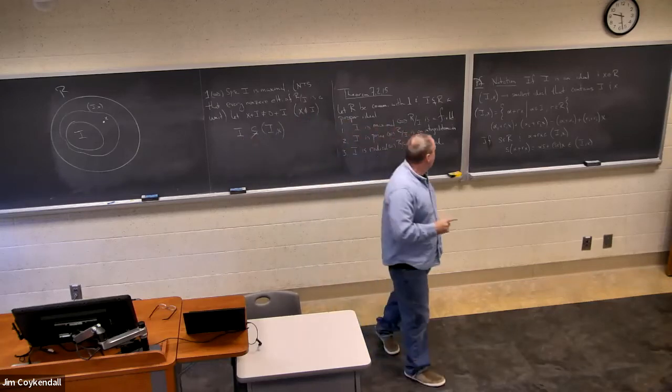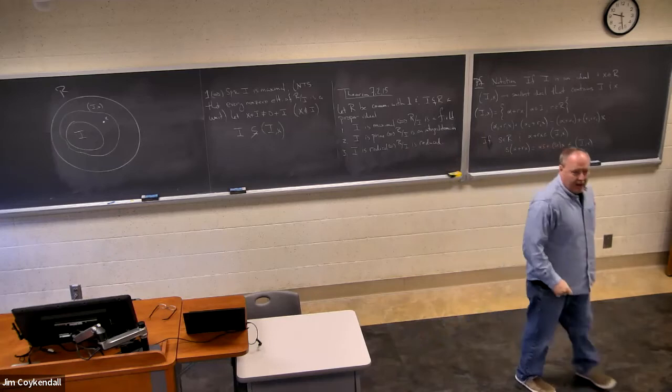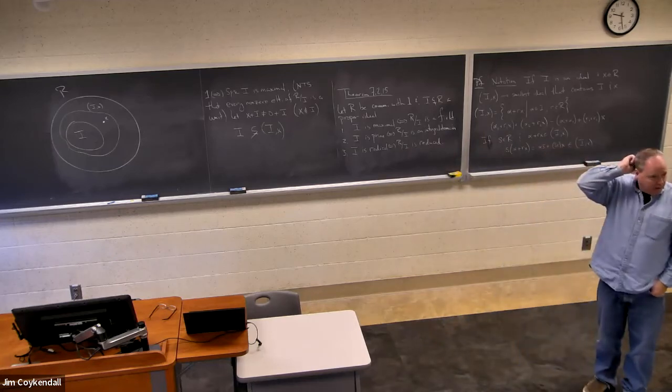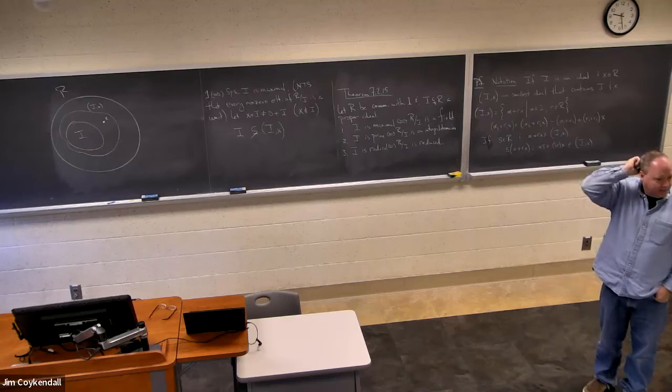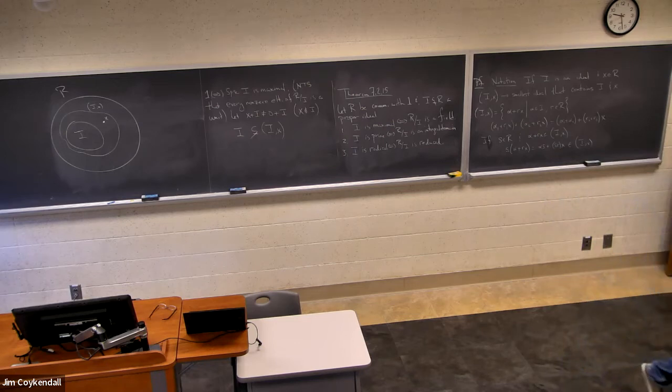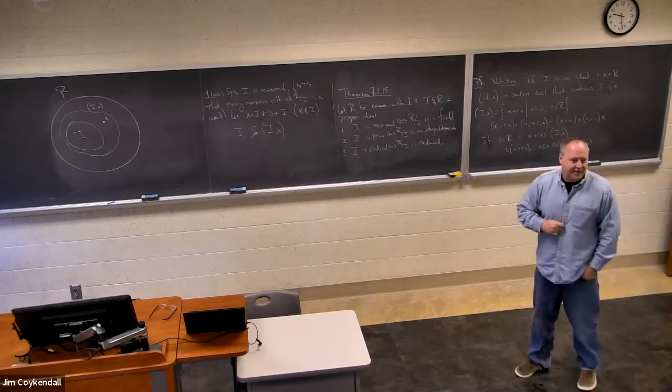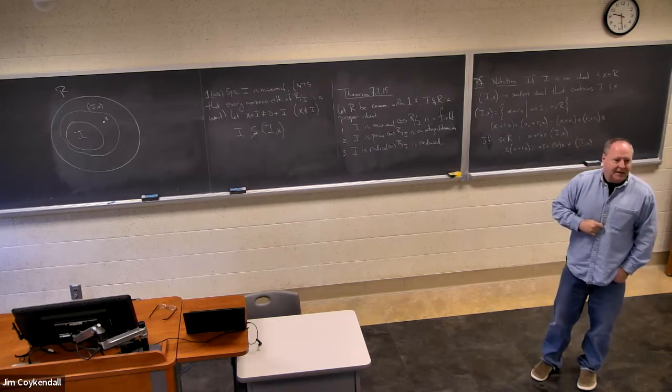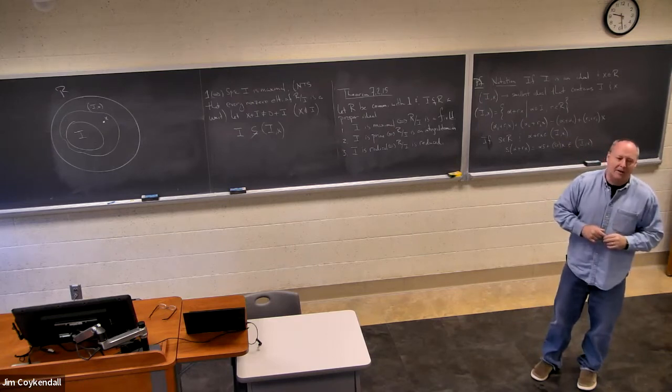And what else do we know about I? It was maximal. And so if that's honest to God bigger, then what's true about it? Well, I is maximal, and this guy is bigger. So what's got to be true about this? What does it mean to be maximal again? It means it's a proper ideal, and you can't make a bigger proper ideal.